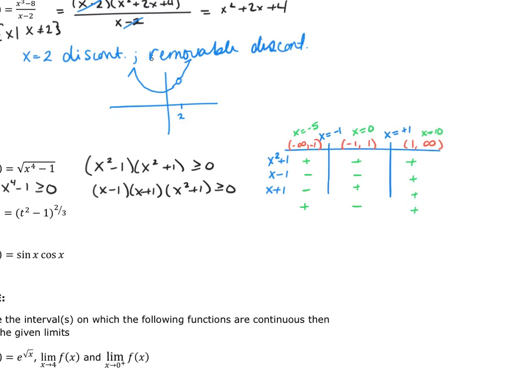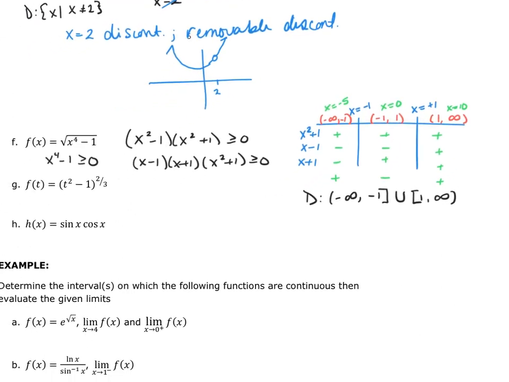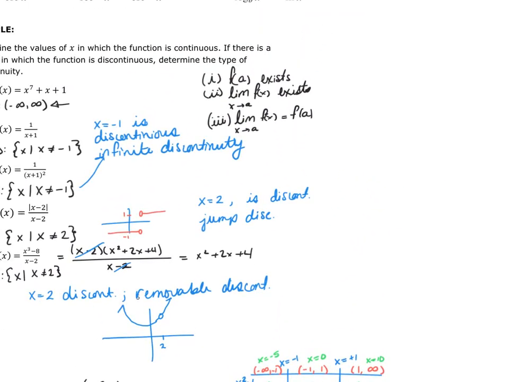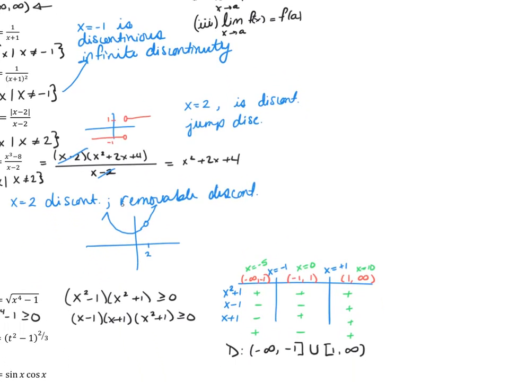Now, because I need this to be greater than or equal to 0, the domain for this function is from negative infinity to negative 1 inclusive, union 1 to infinity. On my domain, the limit as x approaches a of f of x exists and equals f of a.